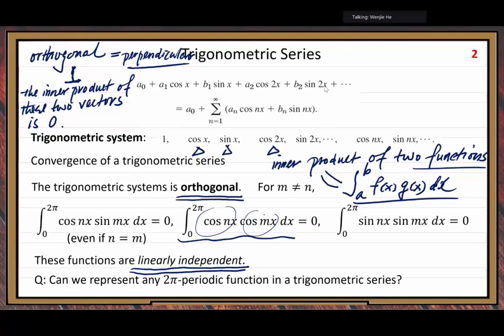Here, the angle between these two vectors equals 90 degrees. So you can understand it in this way. So now we treat these integrals as inner products.